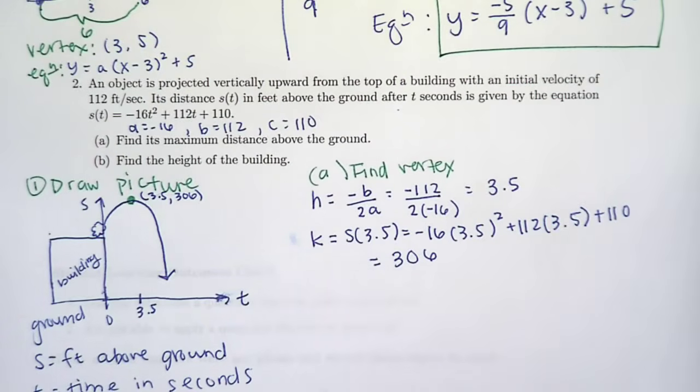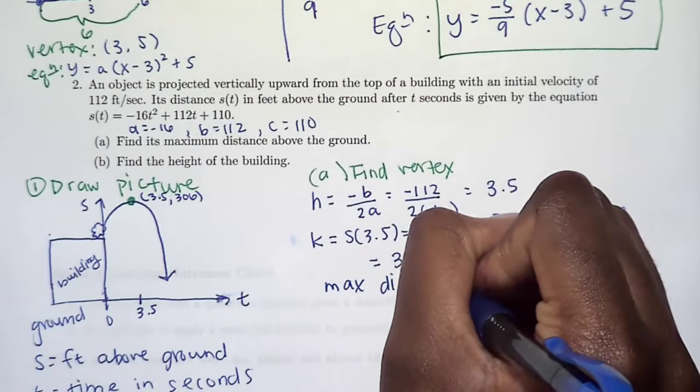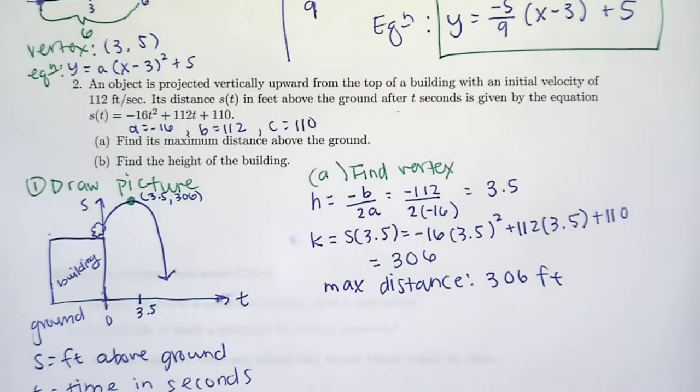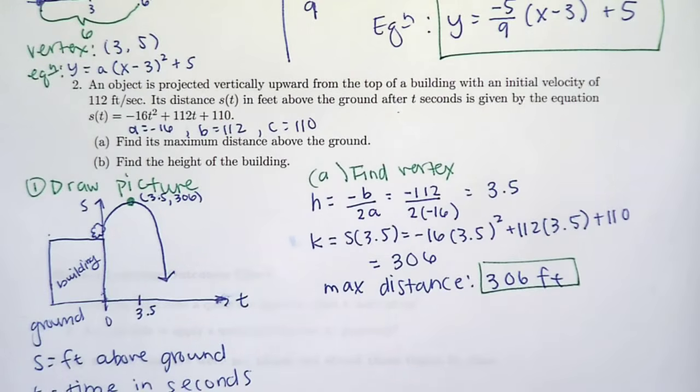Yes, it's 306 feet. All right, so the vertex tells us things about the maximum. So whenever you see maximum value of something that's a quadratic, you always want to think about the y value of the vertex. Very important to remember.